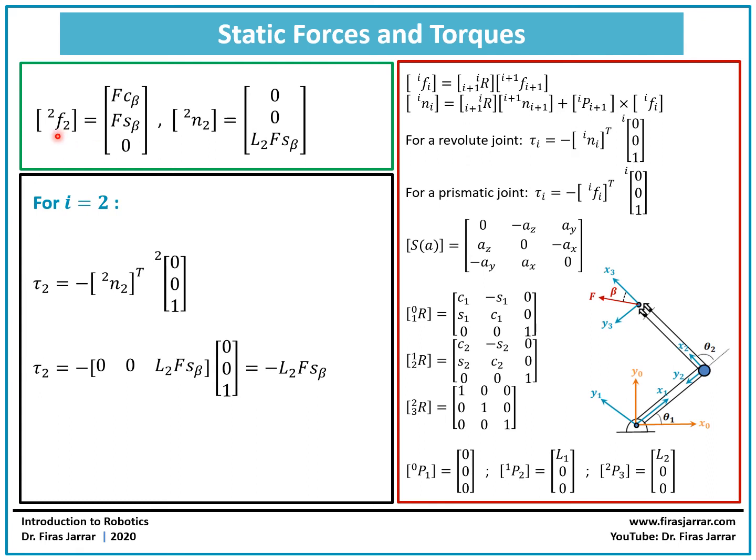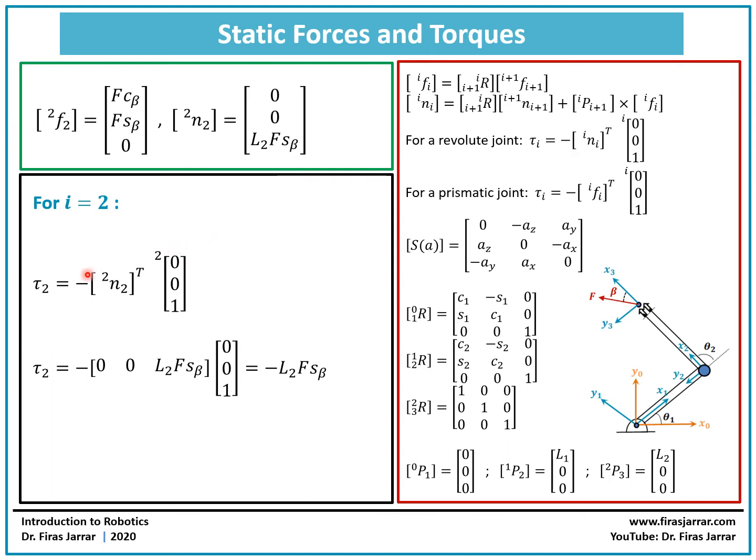Now we have the force acting at joint 2 and the moment acting at joint 2. Now we need to compute the static torque required at joint 2 in order to keep link 2 in static equilibrium. Since the torque exerted by the motor should be about the z-axis, it makes sense that it should be equal in magnitude to the z component of the moment acting at joint 2. It should be equal to this, but opposite in direction in order to accomplish the equilibrium condition.